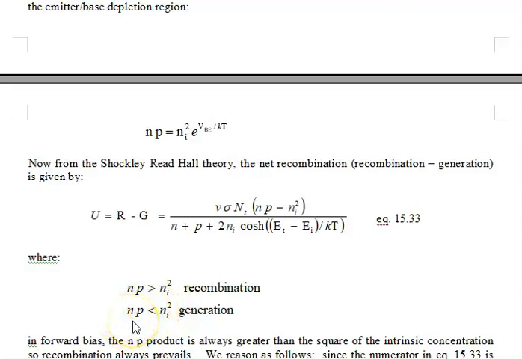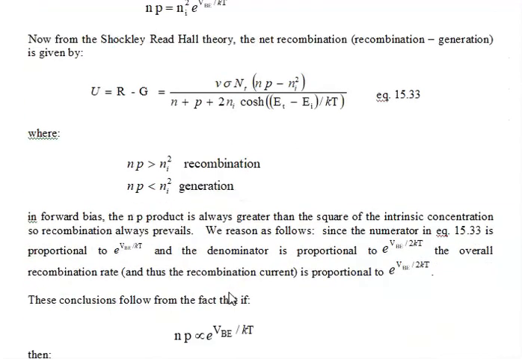On the other hand, in the depletion region, where the NP product is less than the equilibrium, the system will try to generate. Well, if you look at this expression, you've got a recombination current on top, NP, which goes like Ni squared, and that would go like the forward bias of our standard value of e to the voltage divided by kT.